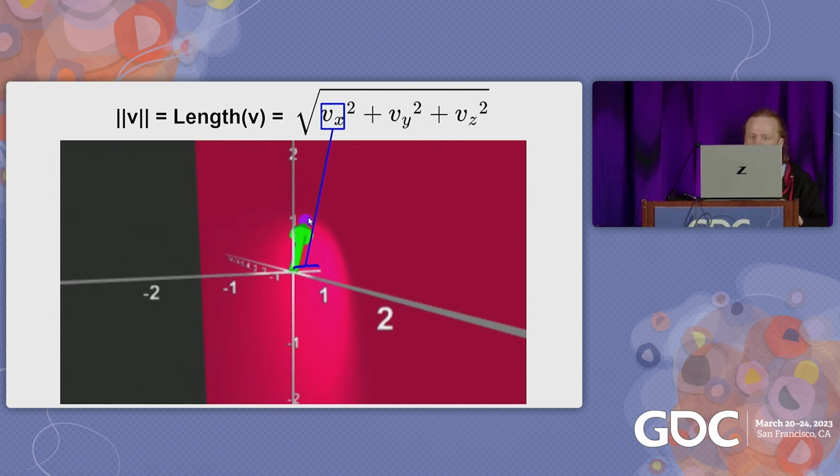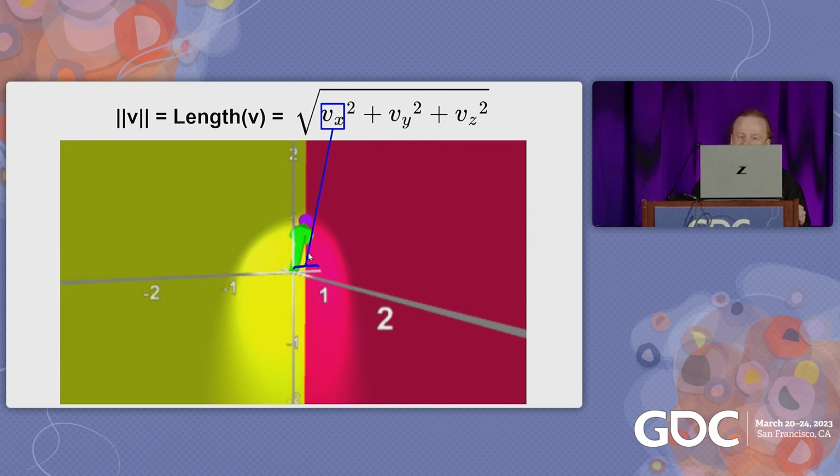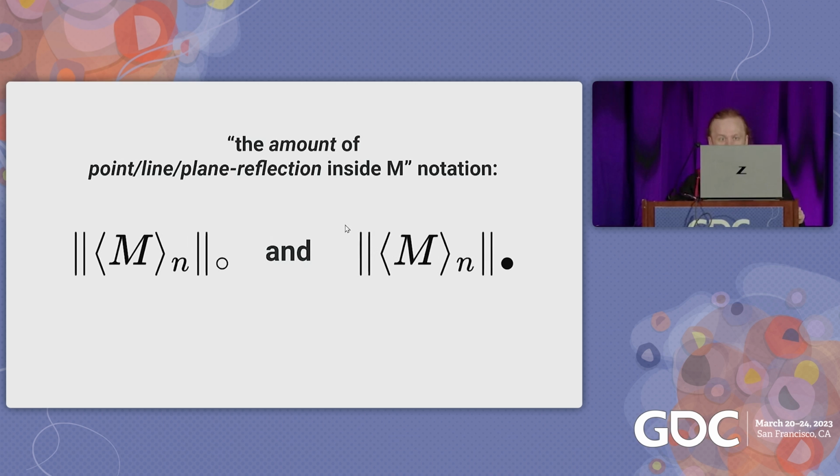So in some sense, you get the vy and the vz from thinking about the intersection of these 2 planes and the intersection of this plane. So the idea of a point as the intersection of 3 planes might not be as unfamiliar to you as you think. So the amount of point, line, or plane reflection inside M, notation.